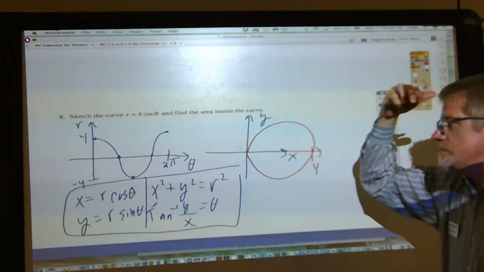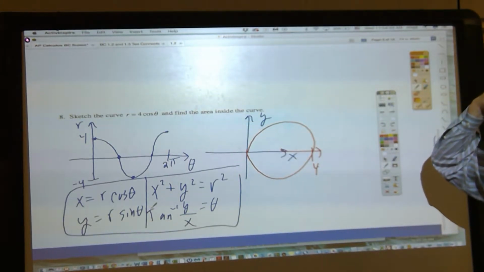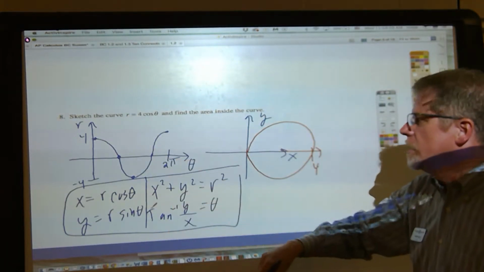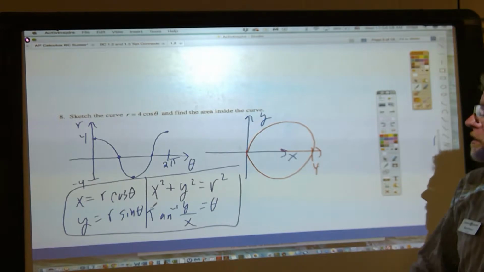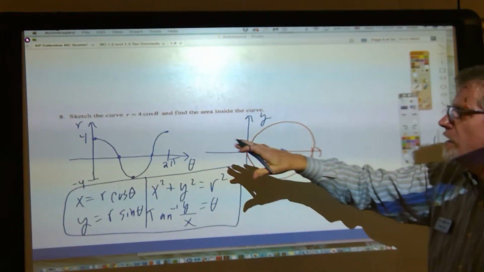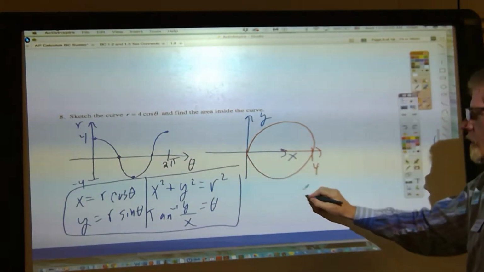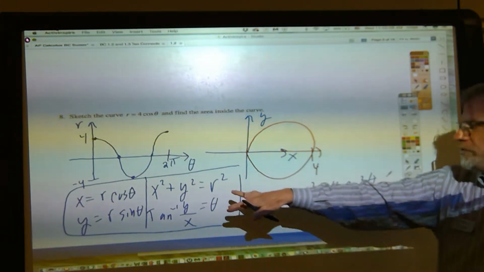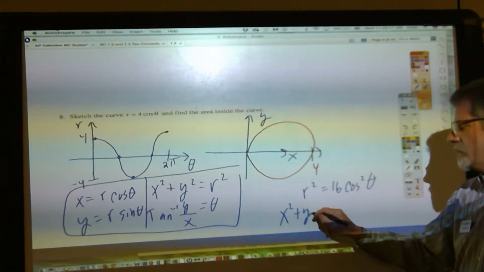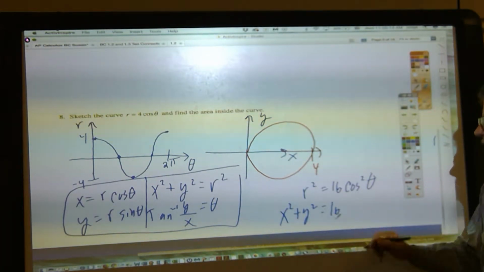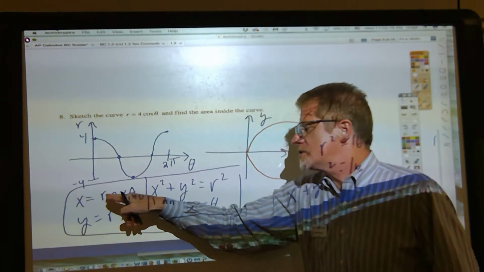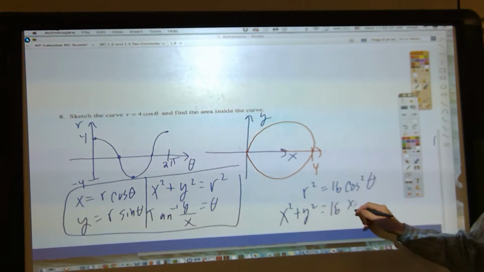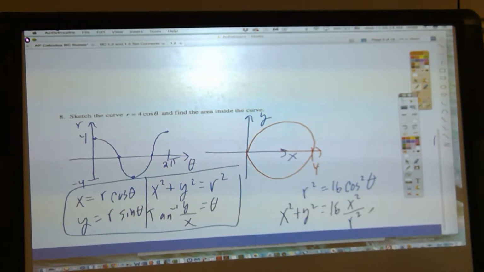So if I wanted to convert this to x's and y's, check this out. Actually, better yet, let's just square both sides of this. Get r squared equals 16 cosine squared theta, because then I can replace r squared with x squared plus y squared. And if cosine theta is x over r, then cosine squared theta would be x squared over r squared.